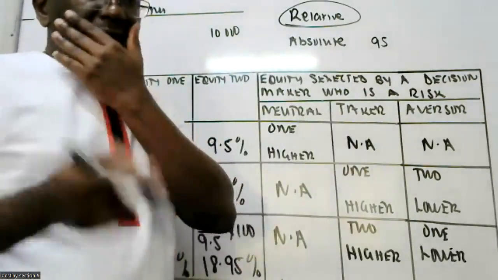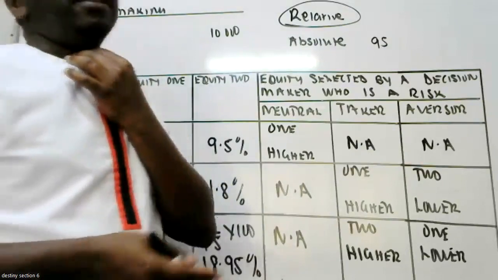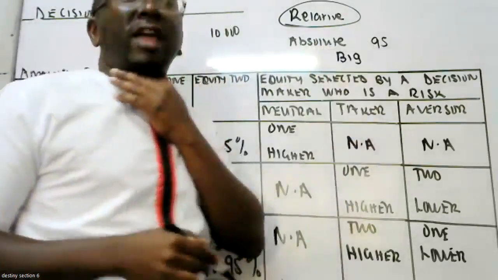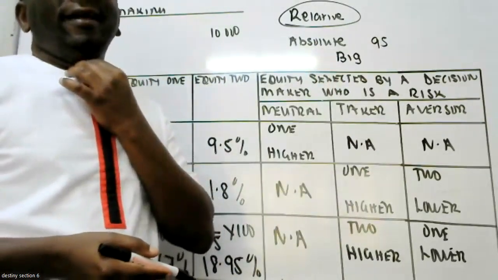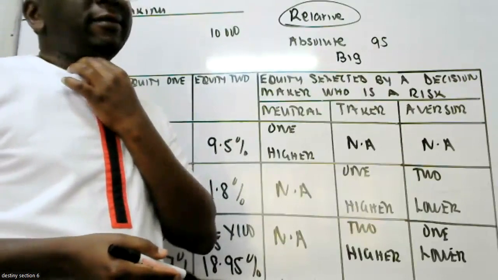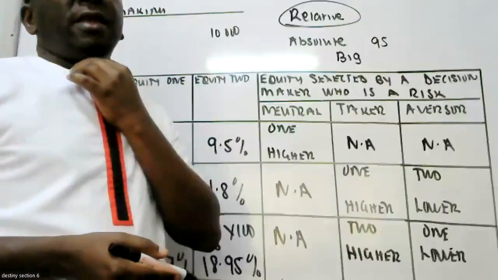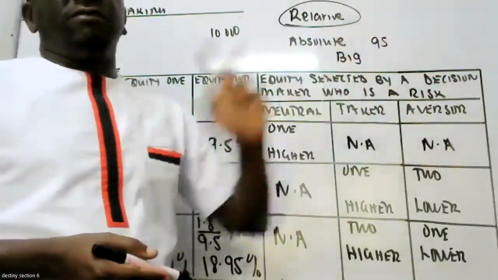Like you people, when you are very young, you come to the job market, and you find your colleagues in the office are already driving big cars. Now you want to drive a big car in the next 1 year. Do you think it's really possible? No, it's not. And it's not that you are poor. It's only that this colleague of yours maybe has worked for 10 years ahead of you.